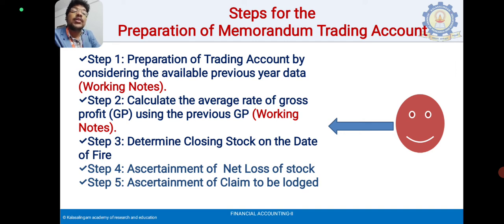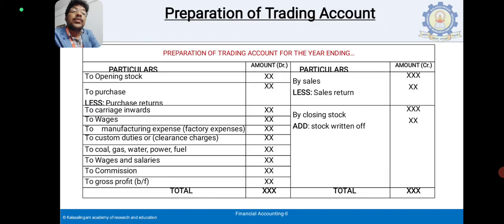The third one is you need to calculate the closing stock on the date of fire, and the fourth step is we need to calculate the net loss of stock, and the last one is we need to calculate the claim that is to be lodged.